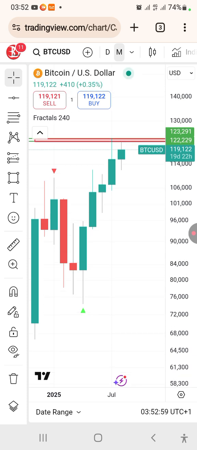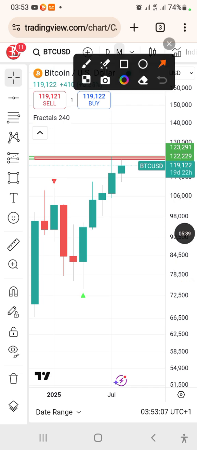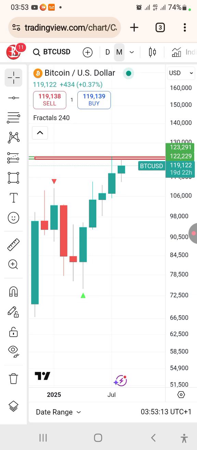Then let's move on. If you like, you can also fix it on the support of the fractal. It's an indicator. If you've not watched the video on how to trade gold analysis, you just have to watch it.